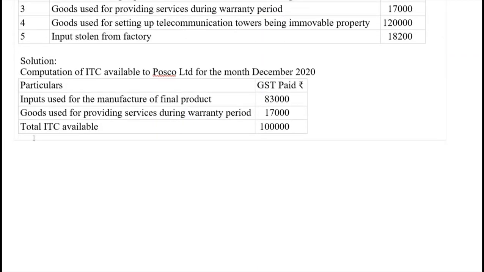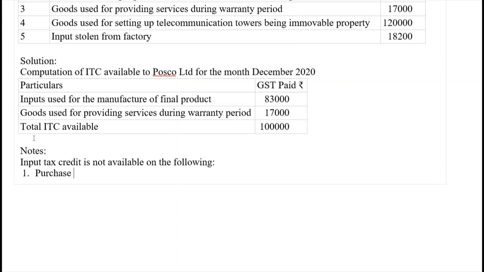Here the note: input tax credit is not available on the following. Purchase of food and beverages to be used in dealers' meet.